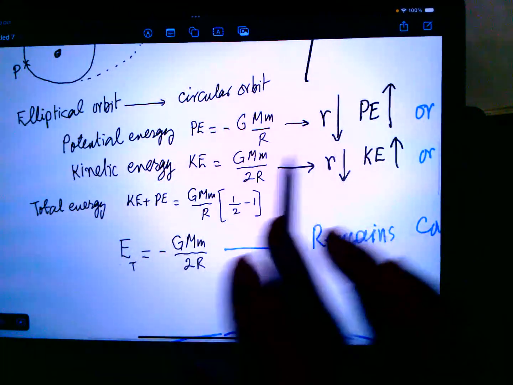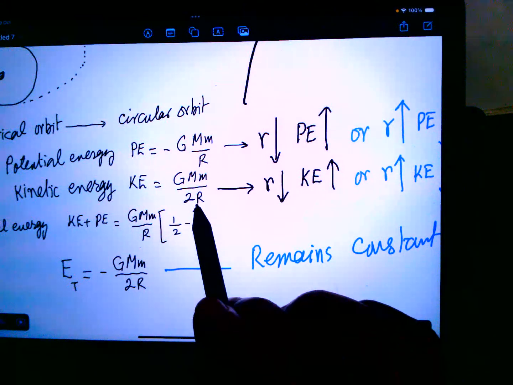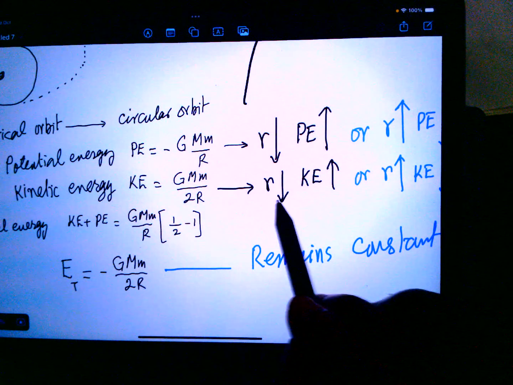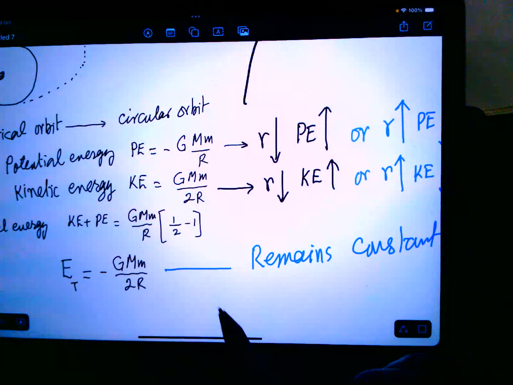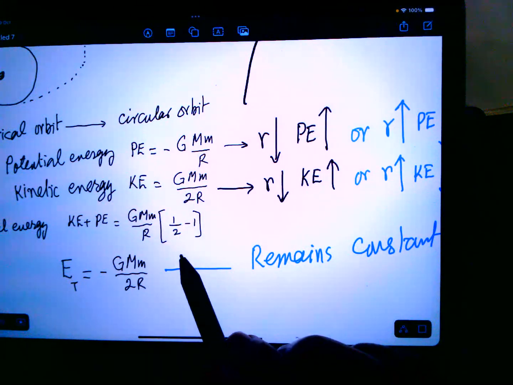The kinetic energy is GMm over 2r. So when r is larger, kinetic energy is reduced. When r is reduced, kinetic energy is increased, because of the positive sign; there is a negative sign in the potential energy, so this is opposite.